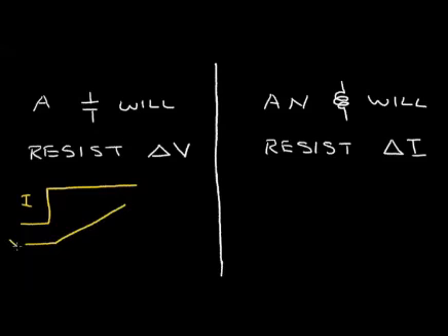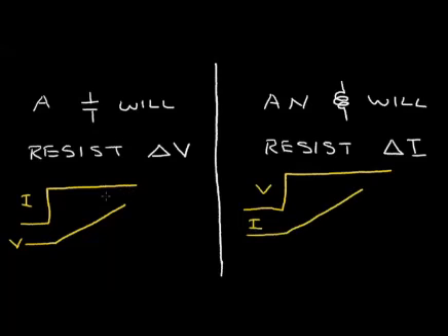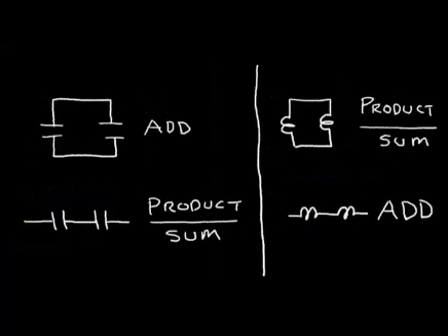So this is the voltage. However, if I apply a voltage across the inductor, I'll call V, the current will ramp up. Call this I. So again, the role of current and voltage is reversed between the inductor and the capacitor.